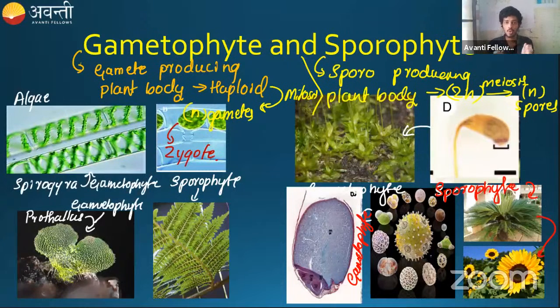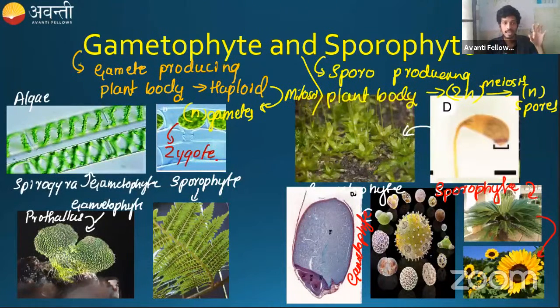First, I'm repeating once again: gametophyte means the gamete producing plant body, which will be haploid, always haploid. The sporophyte is the spore producing plant body and it will always be diploid. Remember, both gametes and spores will be haploid.